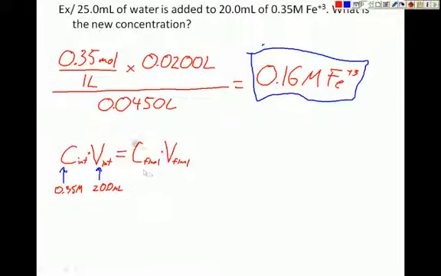And your concentration final is your unknown, but your V final, you do know this one, and that is, well, 20 plus 25 is 45 milliliters. Okay, so you can use this formula as well. This formula is the exact same thing as this right up here.